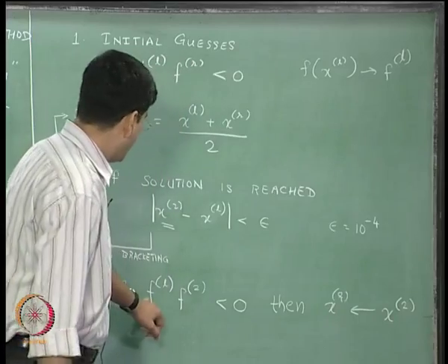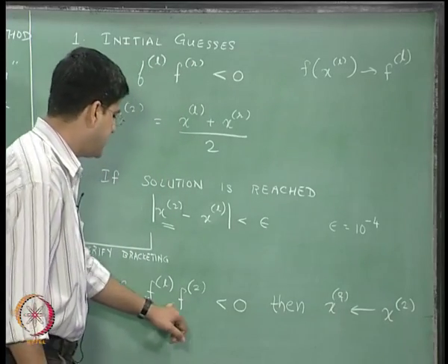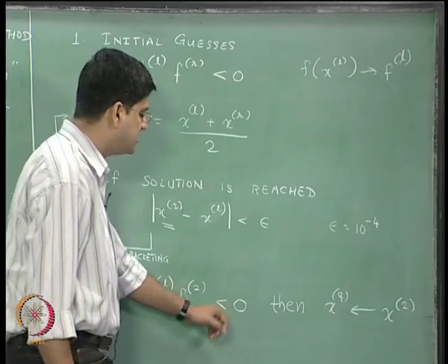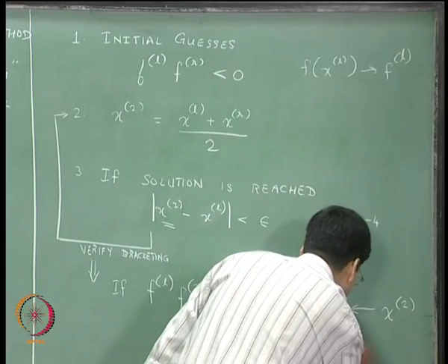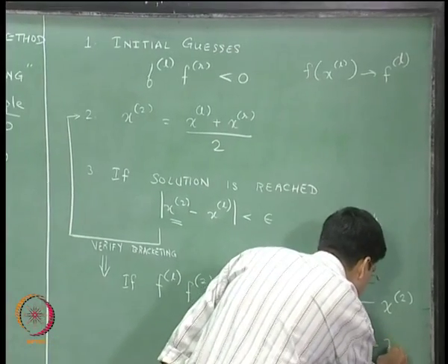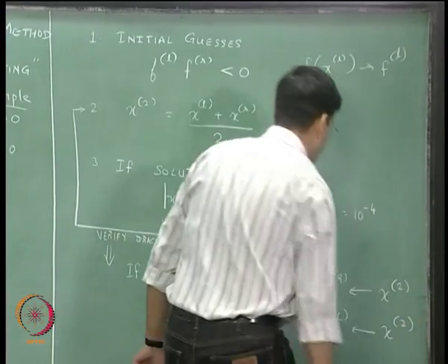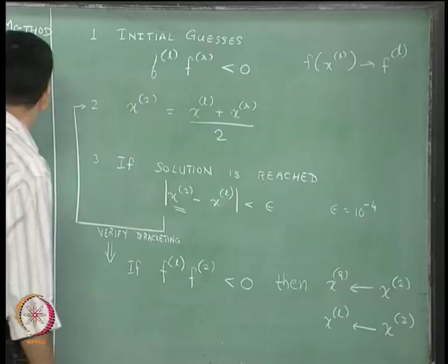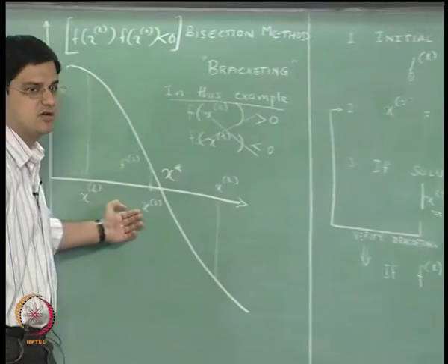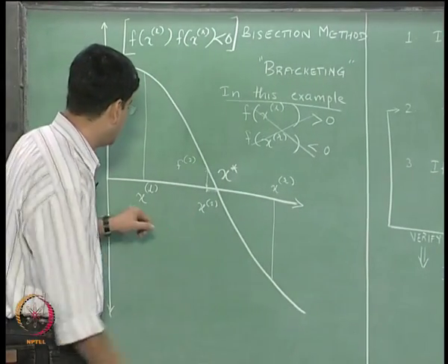Okay. However, if f of xl multiplied by f of x2 is greater than 0, then we will replace xl with x2. Okay. So let us again look back at this particular figure that we had.